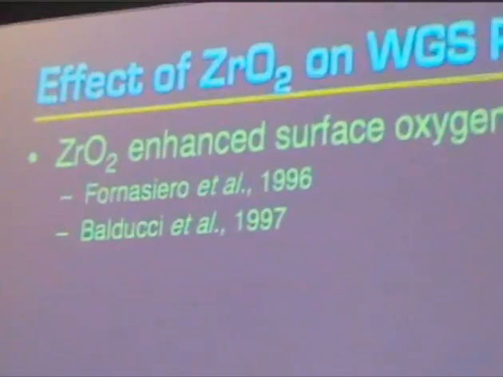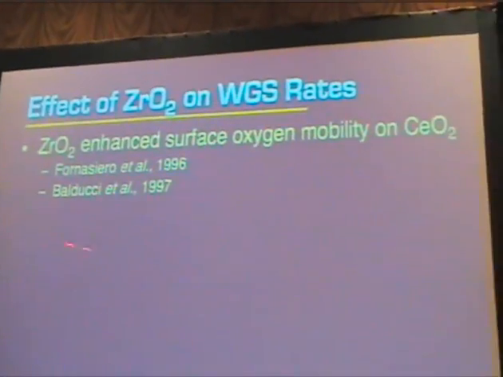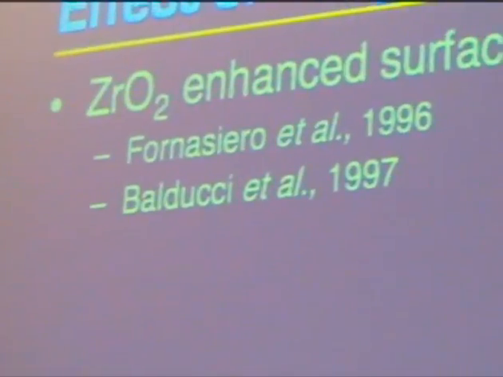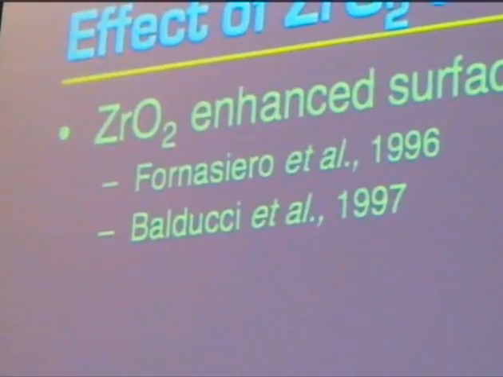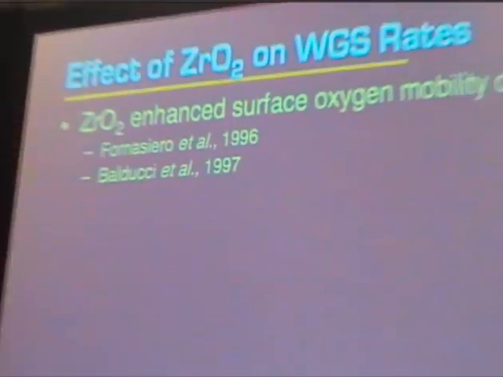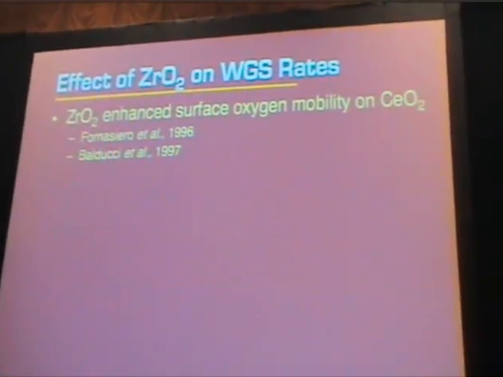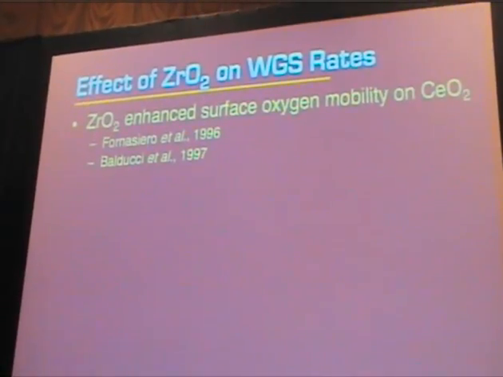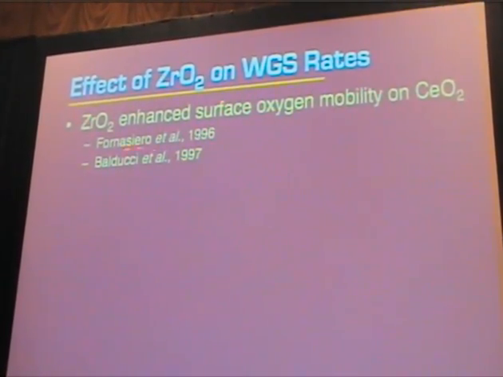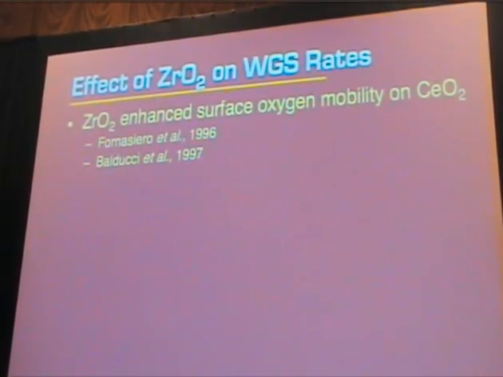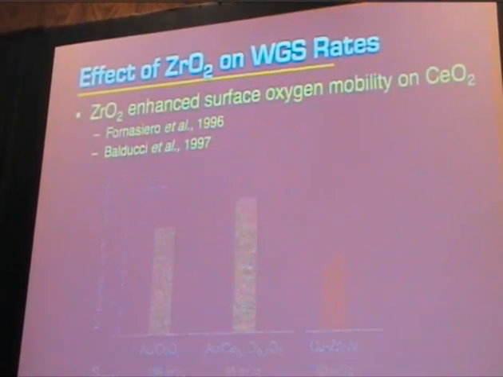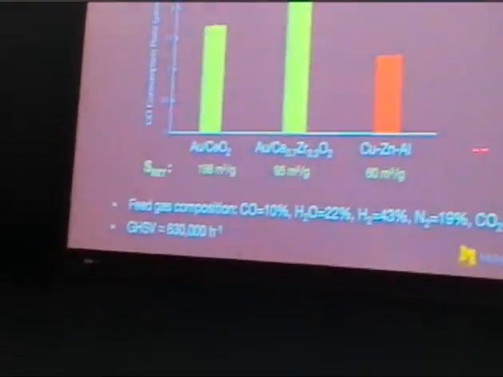Speaking of the surface oxygen mobility, zirconia has been known to enhance the surface oxygen mobility on the cerium oxide support. Actually, Fornasiero and Mamontov recently used computer simulation to prove that the zirconia enhanced the surface oxygen mobility of cerium oxide in the late 90s. With the given information, we prepared the ceria zirconia solid solution for the gold catalyst.